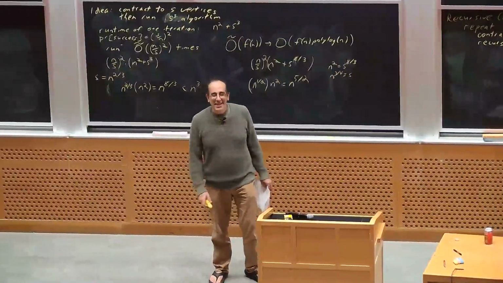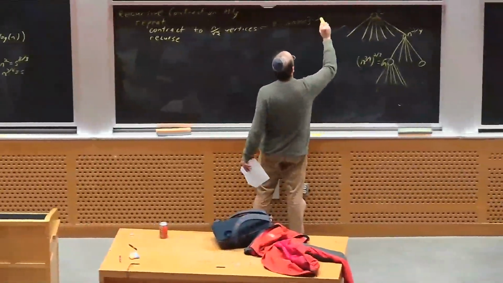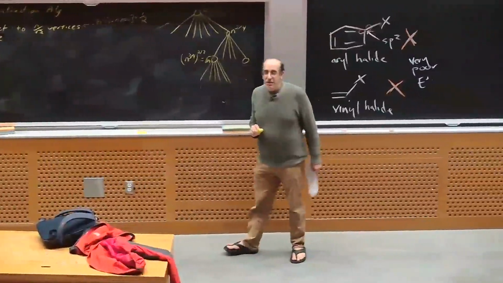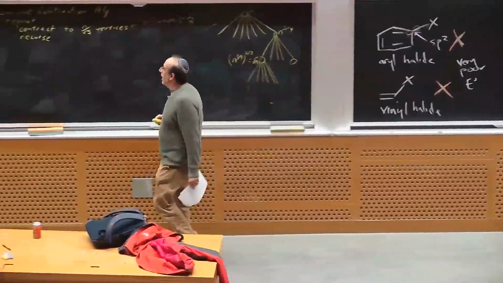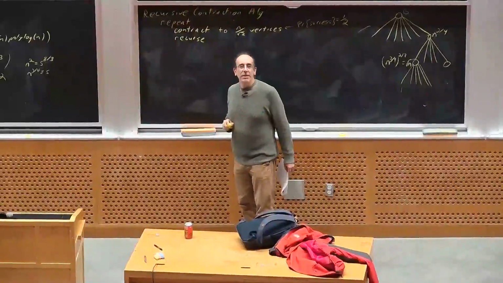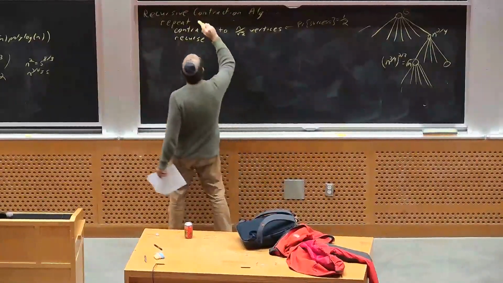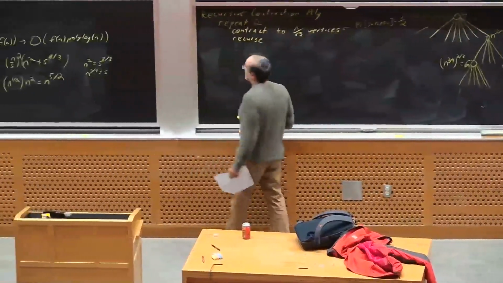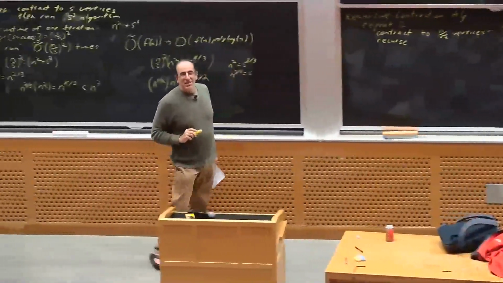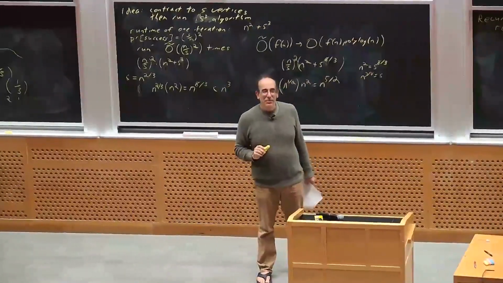It's a half, yes? So if I have a 50-50 chance of preserving the minimum cut, how often should I repeat this algorithm? Yeah, 2 times log n. If I wanted a high probability of success, I would do it log n times, but I'm going to settle for just a decent chance of success. Okay, so I'm just going to repeat twice.